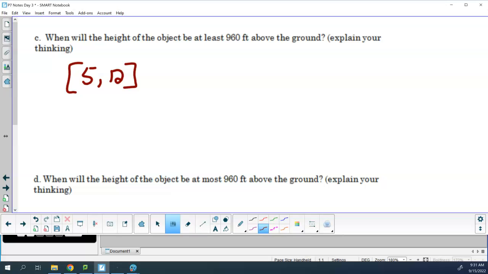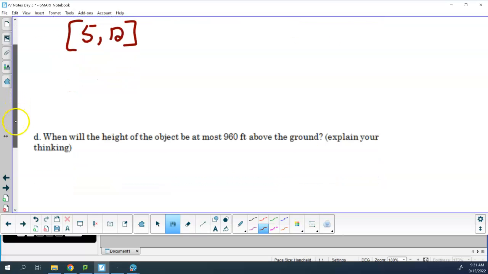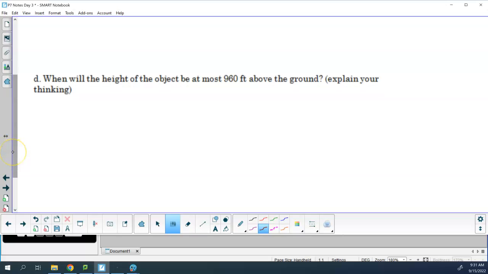Okay, love it. When will the height of the object be at most 960 feet? We're going to have two of them, right? An up one and then a coming back down one. Give me the up one because that one's easiest.